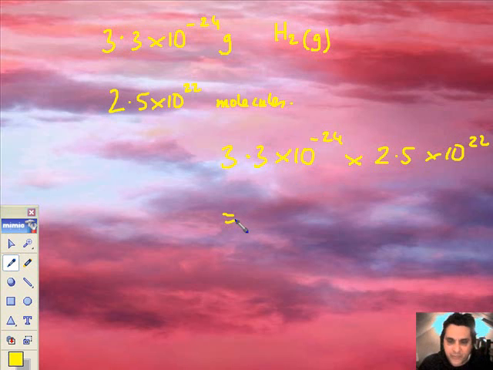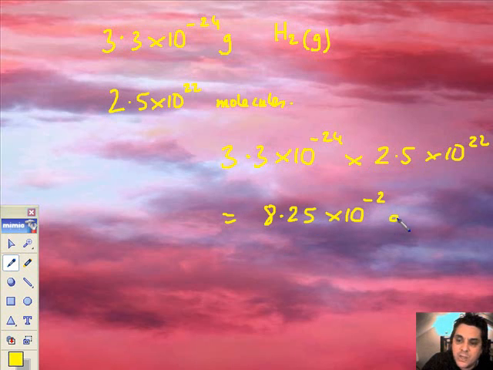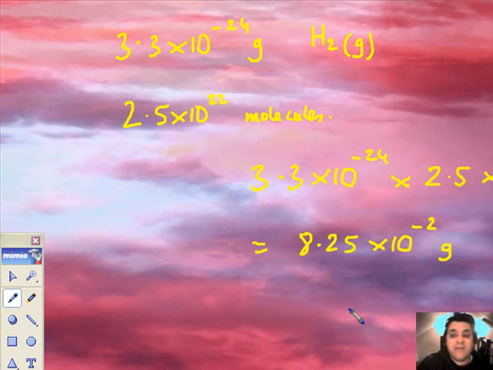Just pick up my calculator. I think I'm going to go for 3.3 multiplied by 2.5. That's going to give me 8.25 times 10 to the power of minus 24 plus 22 gives me -2 grams. So a litre of hydrogen gas weighs 8.25 times 10 to the power of -2 grams.